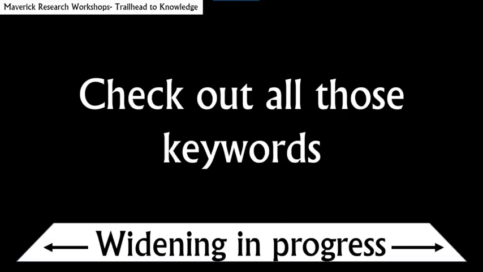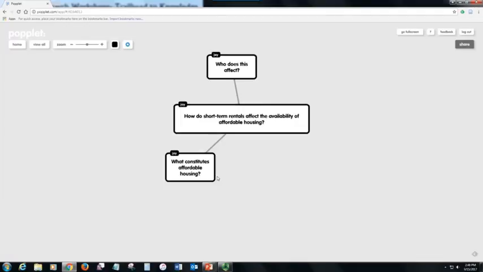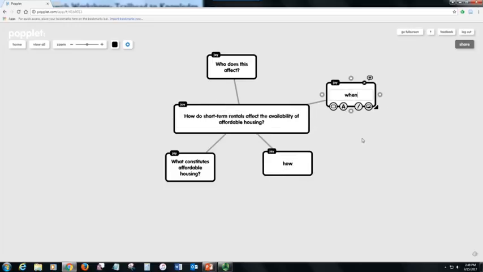So when we come back to maybe this list, and of course I didn't put all those different things in, but you can see how I would maybe just add a how question here, a when question here, maybe another what question over here, and so forth. As I do this, I'm starting to get a few different keywords, right? I had short-term rentals.